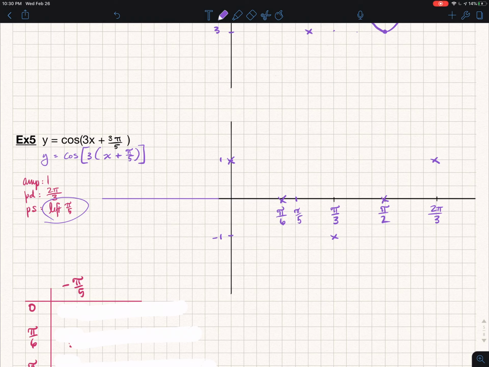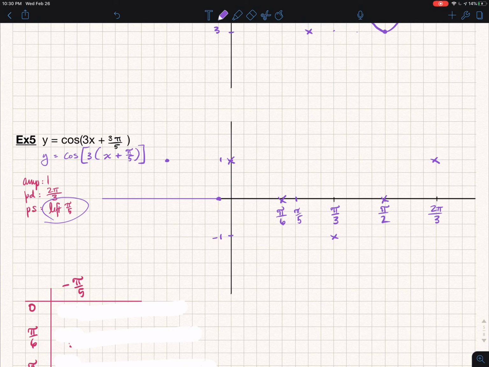Now, how many blocks is that? Well, if you count my blocks, that's going to be 1, 2, 3, 4, 5 blocks. So my magics need to all be shifted to the left 5 blocks. Okay? All right, so my maximum up here, to the left 5 blocks, 2, 4, 5. My x-intercept, to the left 5 blocks. That's going to land me right before the y-axis.